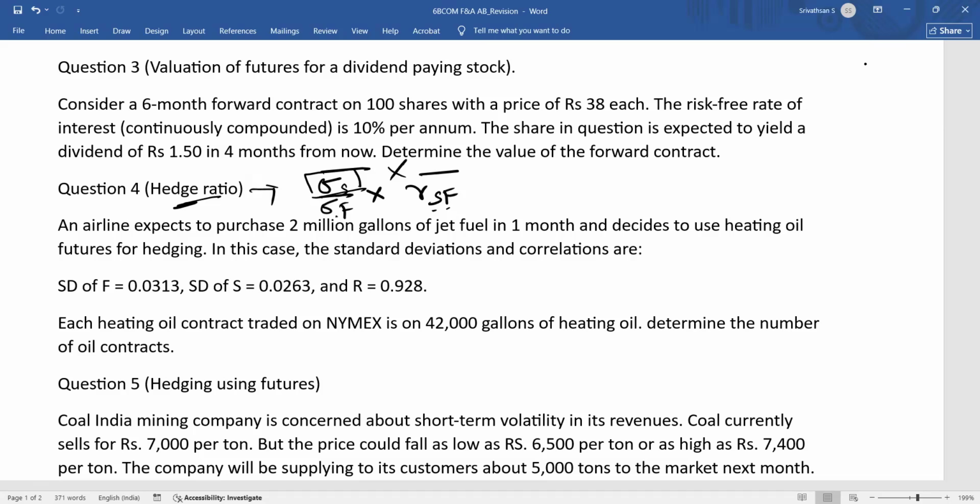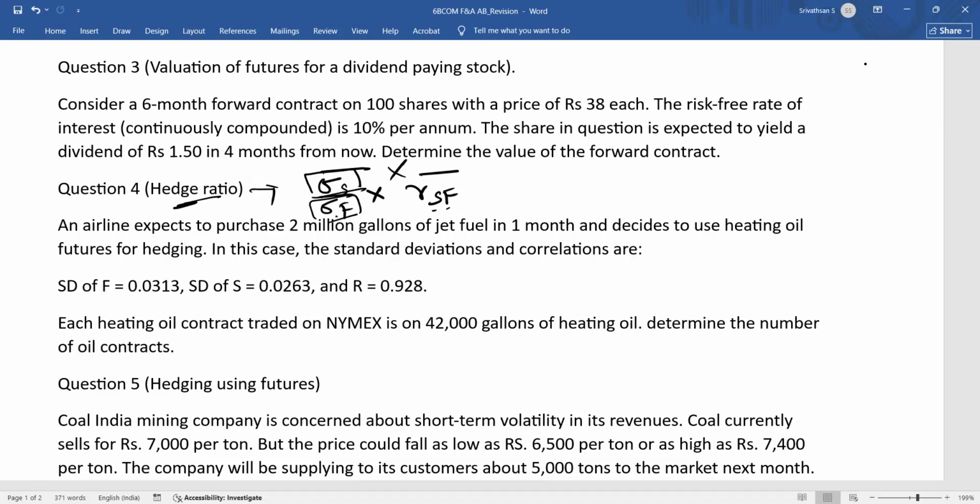If spot is more volatile than future, you need more future contracts to hedge your risk. So there is a direct relationship between standard deviation of spot and the number of contracts.